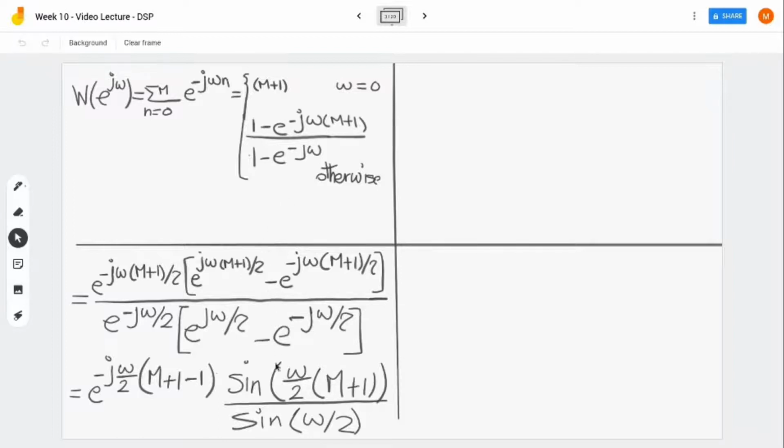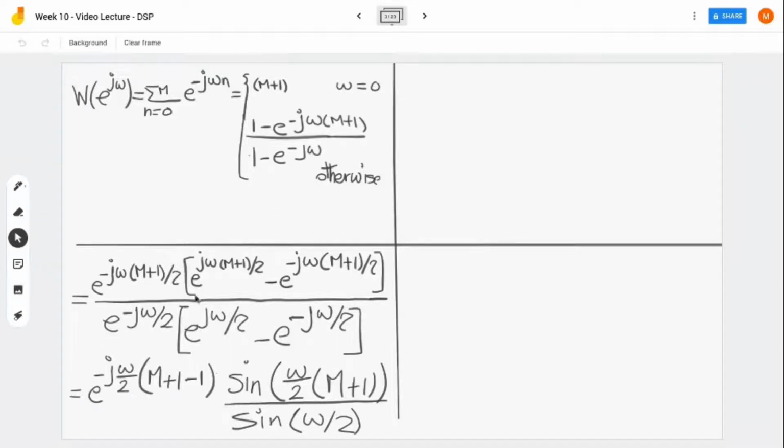And going through the mathematical steps over here, in the denominator, if we take e to the negative j omega by 2 as a common factor, we will have e to the power j omega by 2 minus e to the power minus j omega by 2. And in the numerator, if we take e to the negative j omega (m plus 1) all divided by 2 as a common factor, we will have e to the power j omega (m plus 1) over 2 minus e to the negative j omega (m plus 1) by 2.